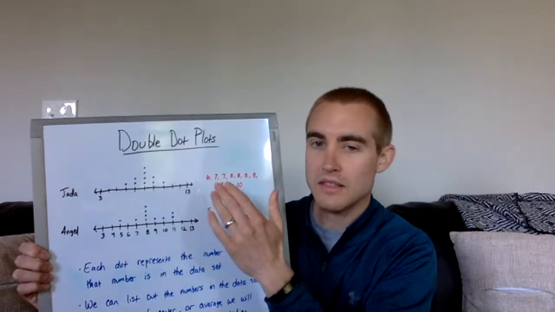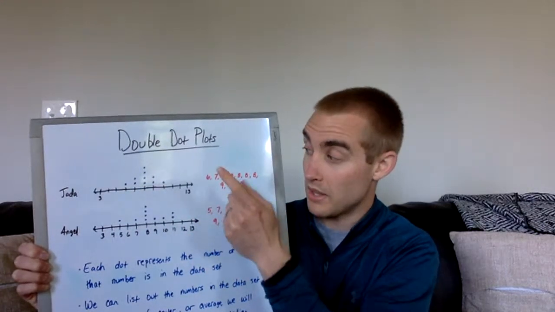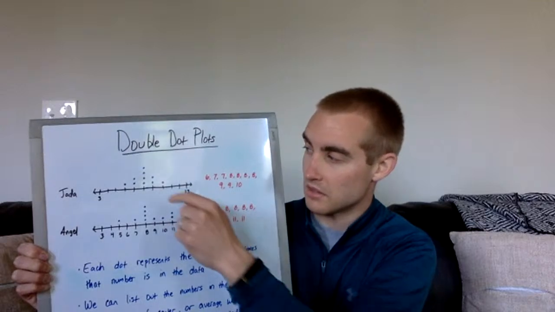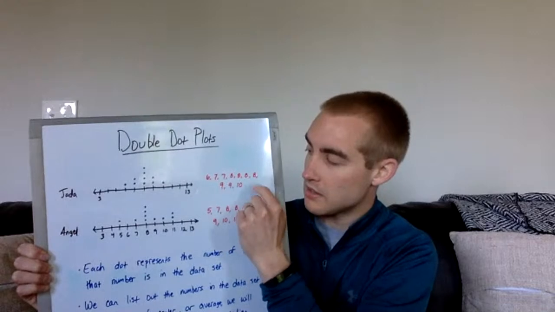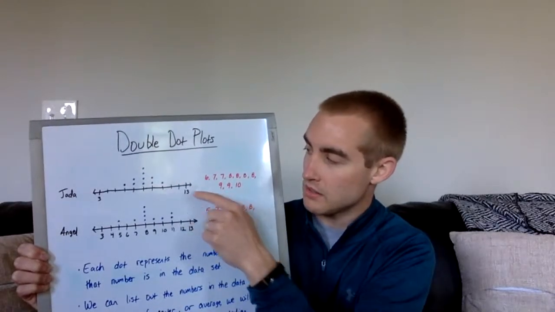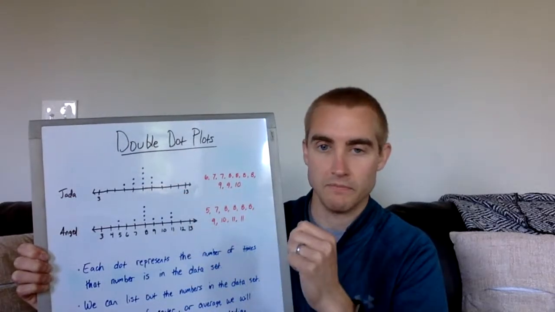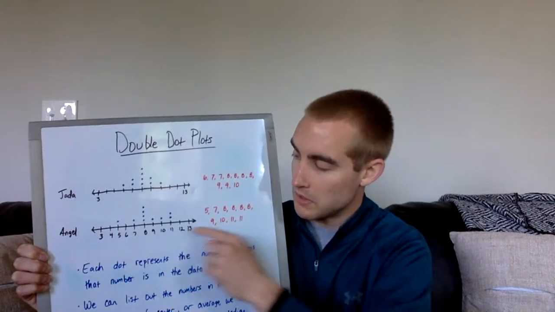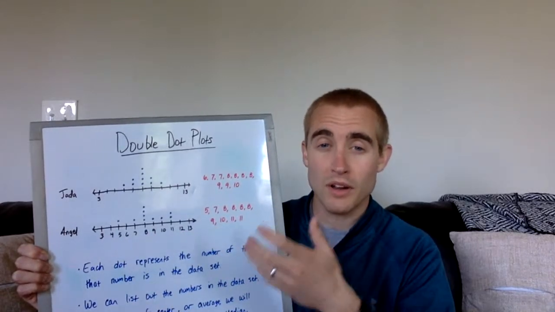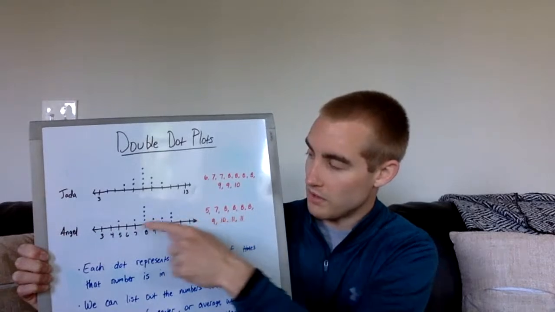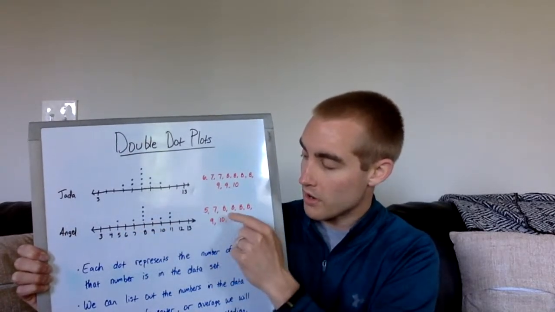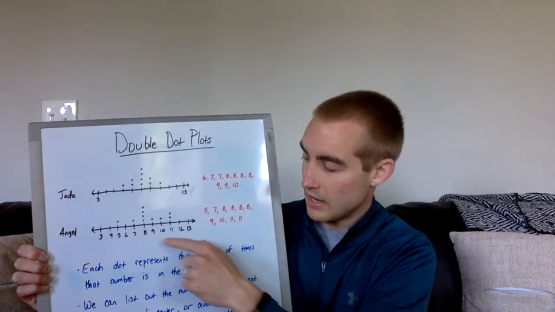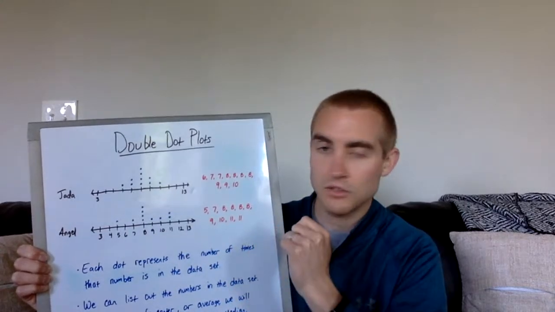If we were to write these numbers out, there's just going to be 1 6. There's 2 7s. There's 4 8s. There's 2 9s, and then there is 1 10. And that number line will always be there at the bottom. For Angel's, he's got 1 5, 1 7, 4 8s, 1 9, 1 10, and 2 11s.